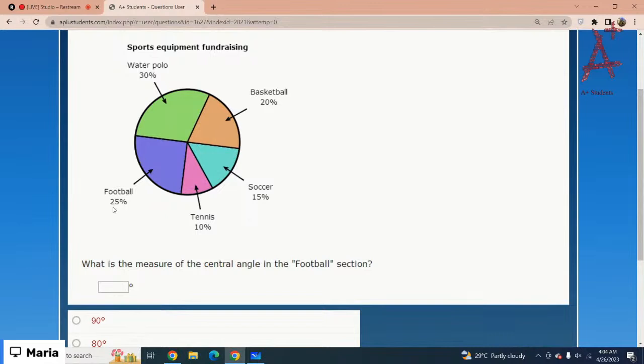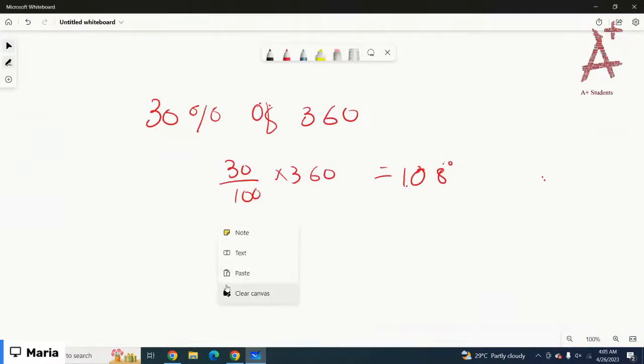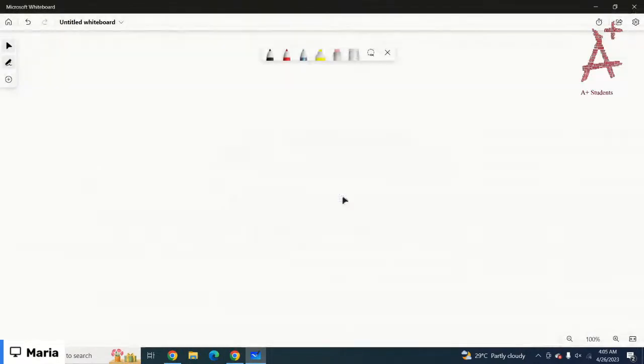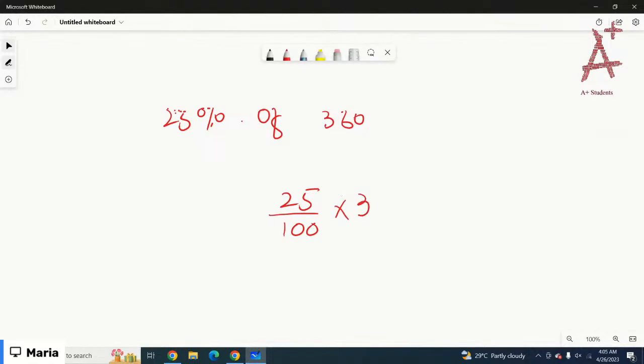So for the football section here, you have 25%. So the total angle in the circle is 360 degrees. So basically you need to calculate the 25% of 360. Let's just calculate 25% of 360. So it is 25 over 100 times 360.